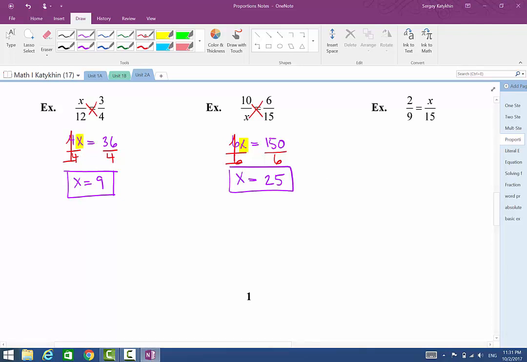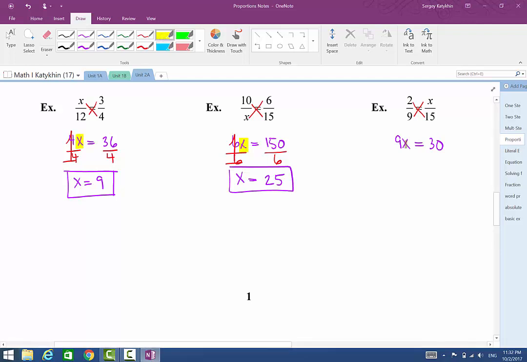Next example, we start with cross multiplying, and what we get is x times 9, which is 9x, is equal to 2 times 15. Well, that's going to give us 30.